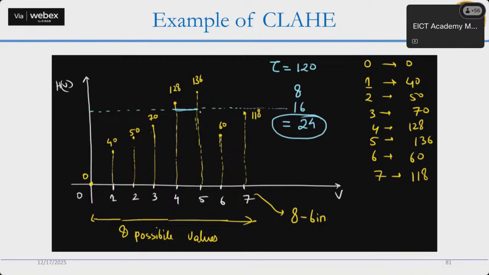So we have clipped at 120. The extra value is 128 minus 120, which is 8, and 136 minus 120, which is 16, so the total is 24.